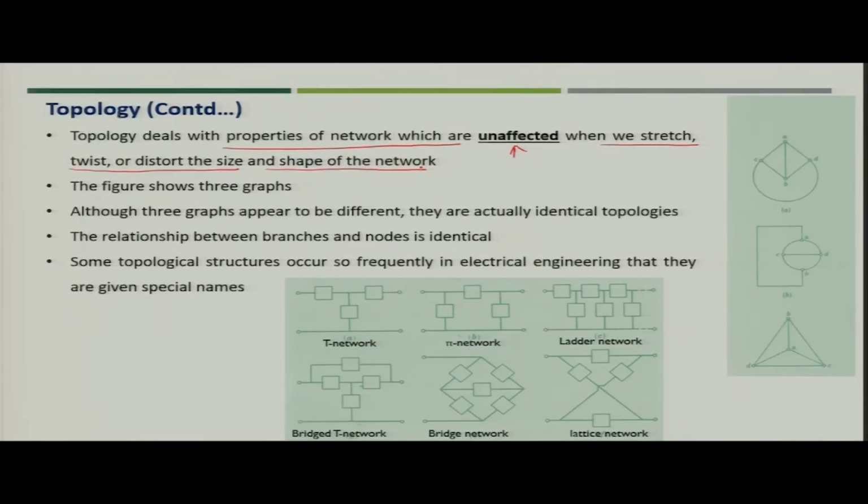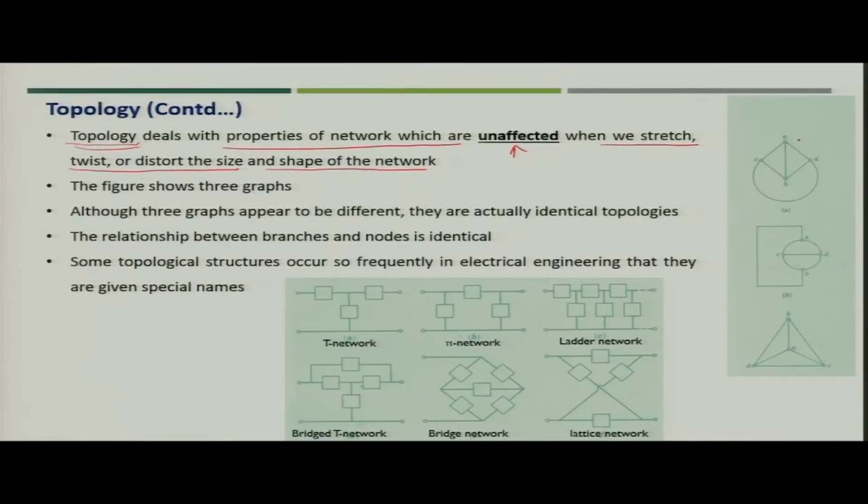That means if you have a network and you change the orientation of the graph by stretching, twisting or distorting its size, if you keep the connectivity information intact, all the different stretches or distortions you have created with that particular circuit will always remain the same, because the topology of the network is the same.